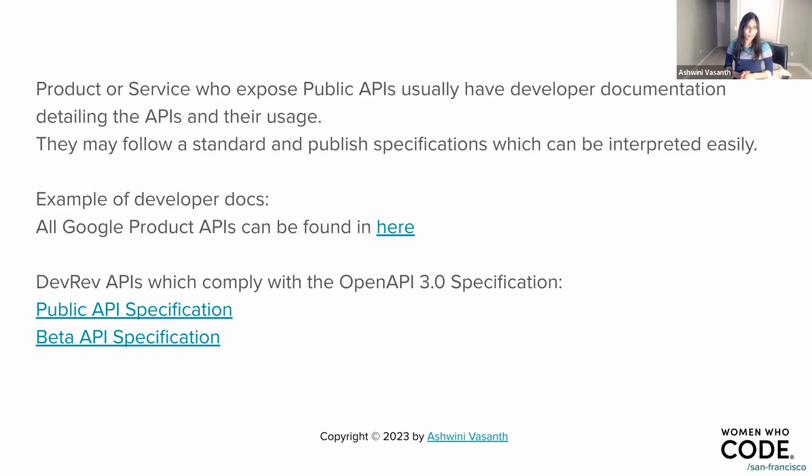I also want to quickly talk about the distinction between public and beta. A public API is essentially, like we said, available to the public, but it also comes with certain version guarantees. What do I mean by that? Let's say I asked you to start building an application using DevRev's APIs.